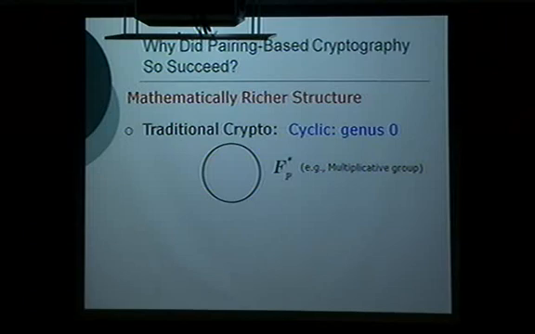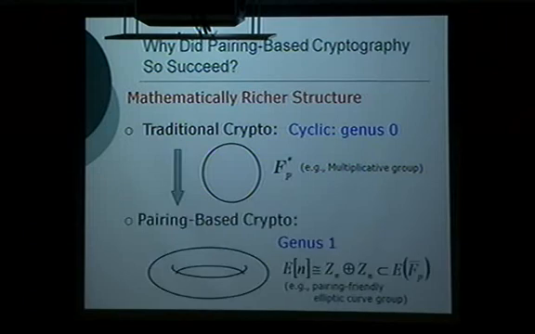And pairing uses a richer mathematical structure than just a genus zero cyclic one, but a genus 1 structure. So it's a kind of a torus. So the structure is some product of two cyclic groups.